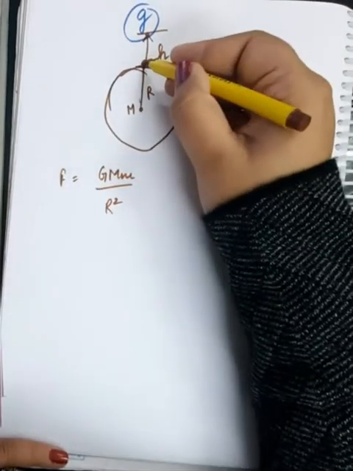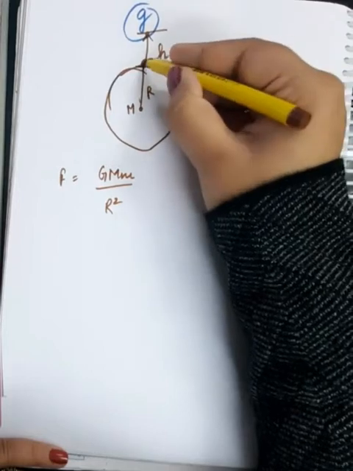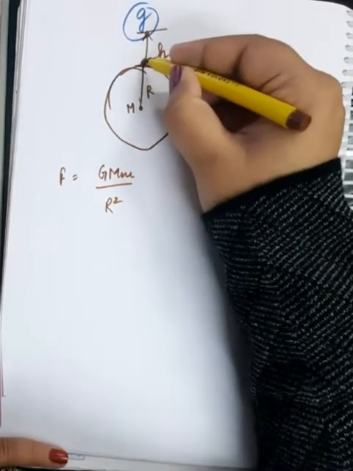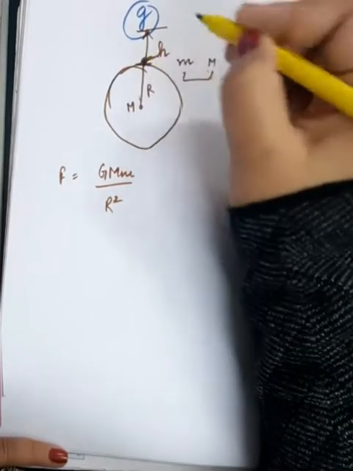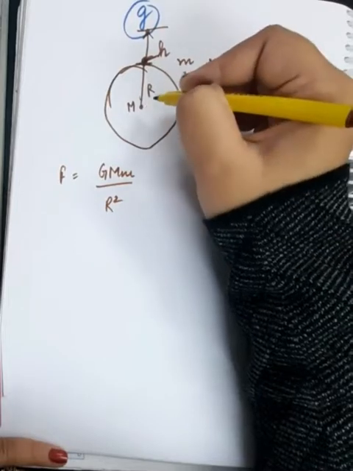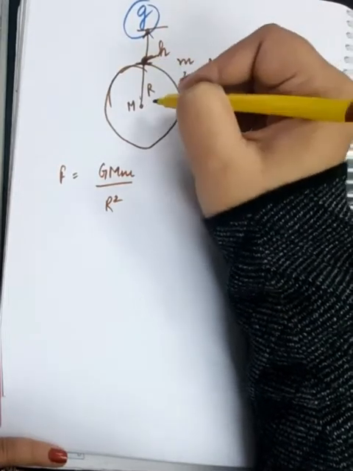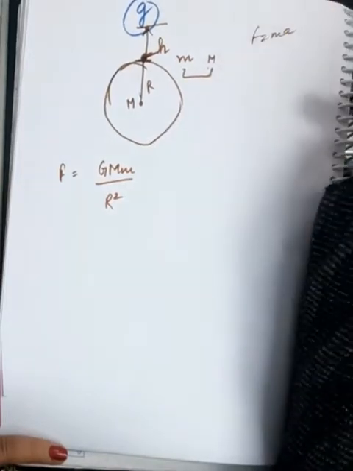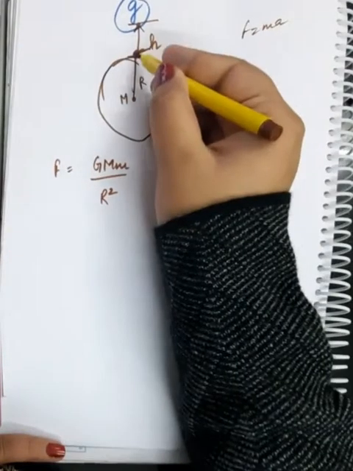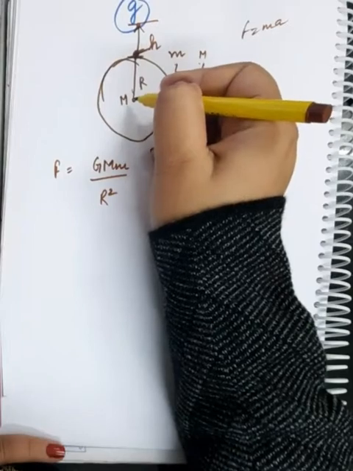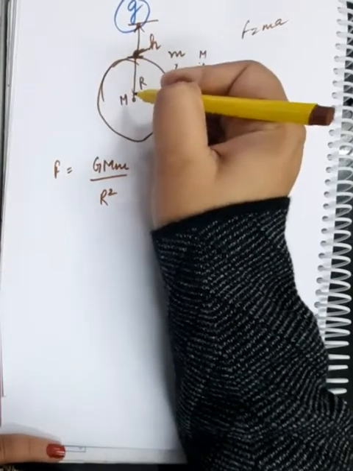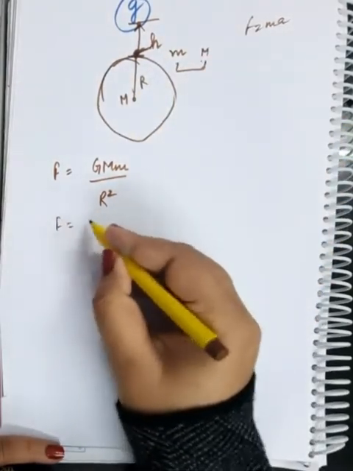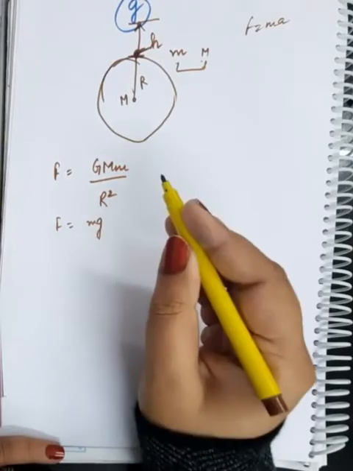Same way, this object is experiencing some force because of the gravitation of the Earth. Force always means mass into acceleration. So this object will be accelerated towards Earth with the acceleration due to gravity, and F will be equal to m into small g.